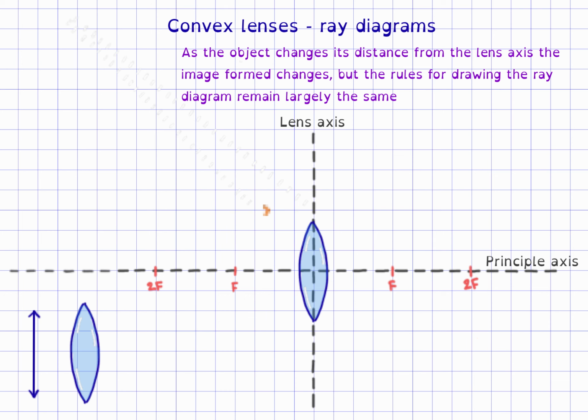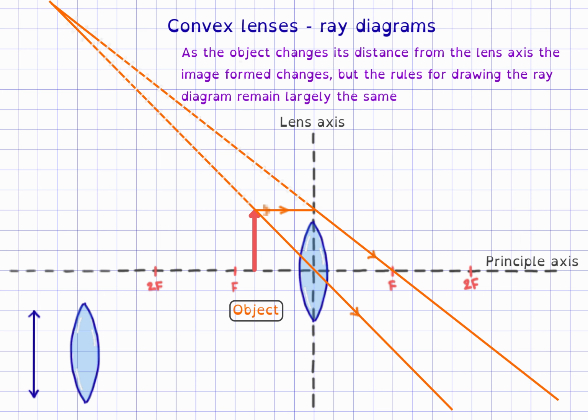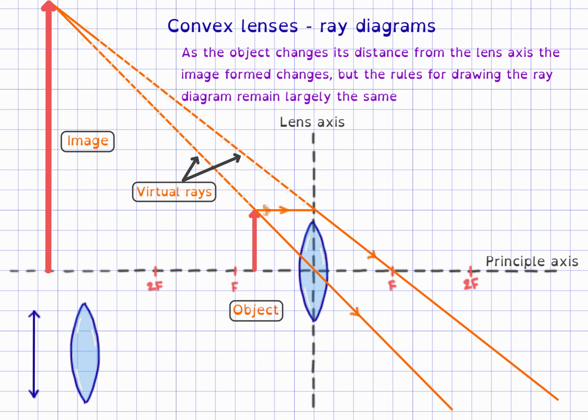For an object between F and the lens, the refracted rays will not meet on the far side of the lens. To get them to meet, the rays must be extended backwards to where the rays appear to come from. These extended rays are virtual, and they form an upright, magnified, and virtual image. This is the image that you get when you're using a magnifying glass.